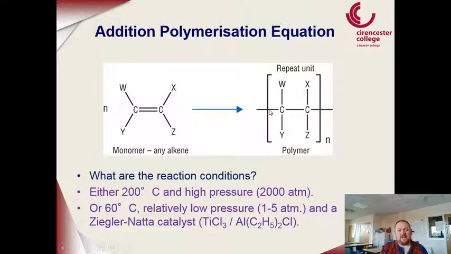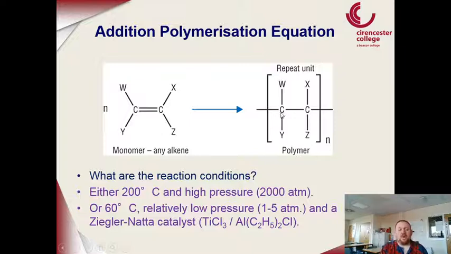Then we keep the molecule in exactly the same orientation, keeping the groups in exactly the same orientation, and put a square bracket around it. That is a repeat unit, and we can see that there are N repeat units because it will take N monomers to make N repeat units of this polymer.